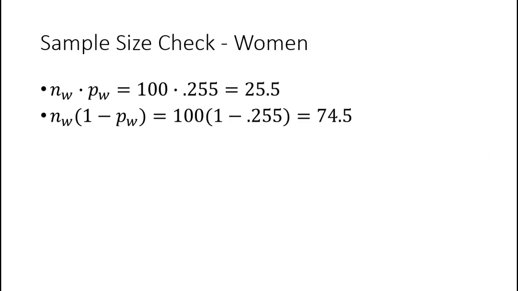Checking our sample sizes for women, we would need at least 10 women who have the college degree and at least 10 who do not out of the sample. So here we have our sample size for women times the percentage of them that have the college degree. This tells us that 25.5 women in the sample had the degree and 74.5 did not. Both of these counts are greater than 10.